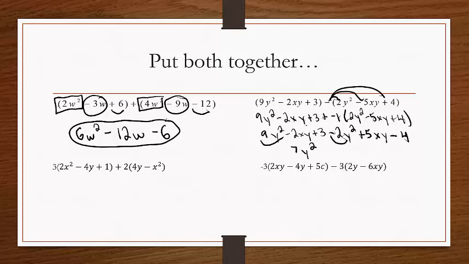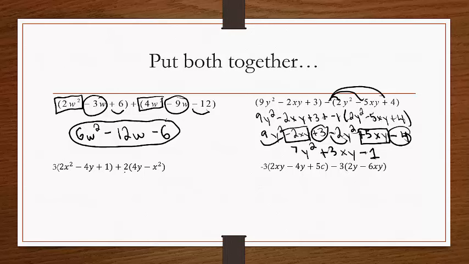I have -2xy terms and positive 5xy terms. 5 minus 2 is 3. And last but not least, I have 3 and -4. And those will make -1. And that's it.